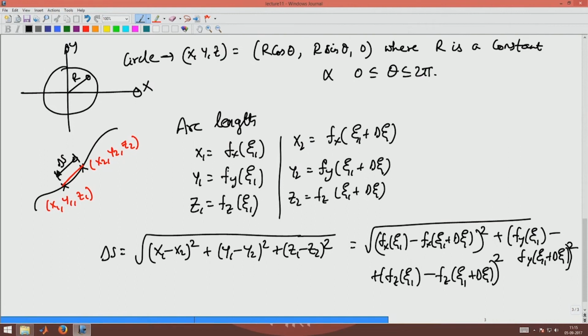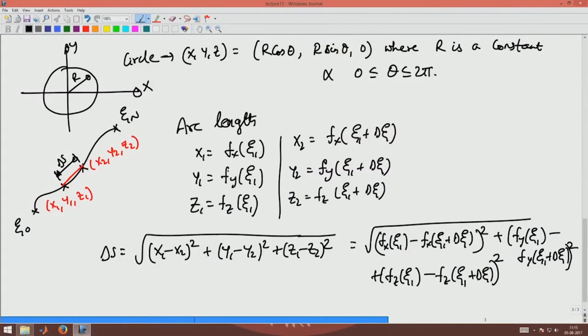Now what do I want to do? I want to sum this delta s from psi 0 to psi n. I want to sum up all the arc lengths.